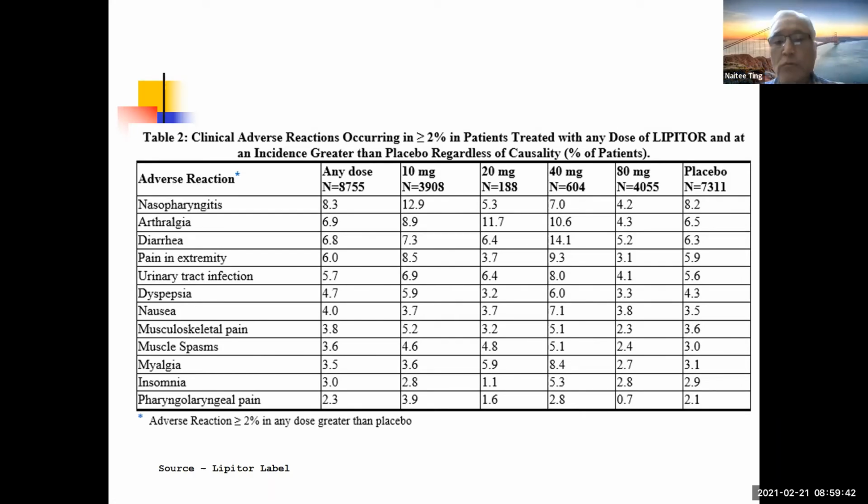The reason we report patients, not events, is that sometimes one patient may have multiple events, so you only count that patient. You don't count the number of events. A simple example: if drug A causes 20 events from 2 patients, and drug B causes 5 events from 5 patients, which one is potentially more toxic?